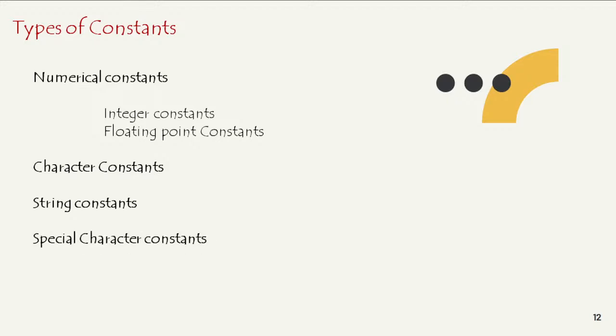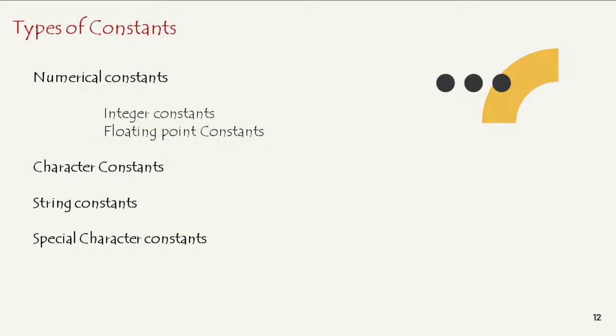And the last one is special character constants. In the C programming language, we have some special character constants like \n, \t, \v, and \r. These are used in the C programming language for a specific purpose.